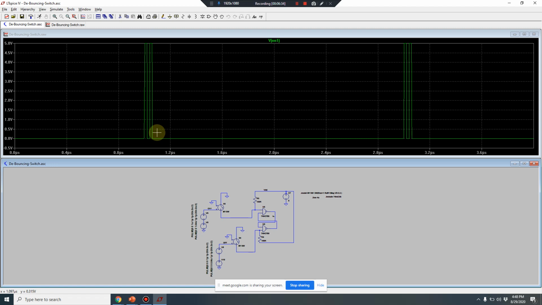Can you see this? These multiple switchings in a 50 hertz supply, when we are working at home, do not create a problem. But this cannot be the same thing in digital systems, right?